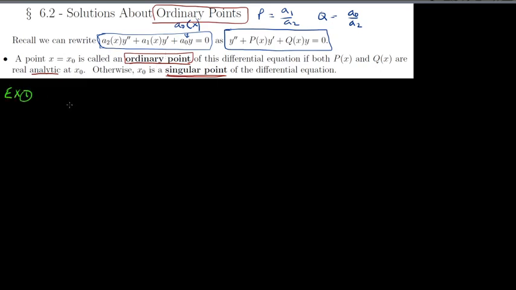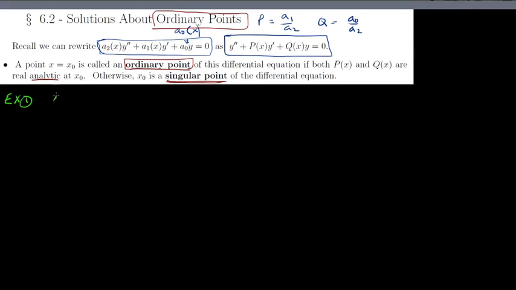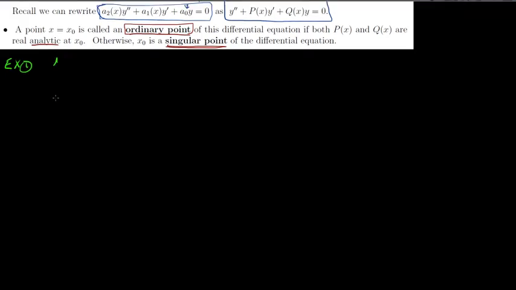So let's start with our first example. y double prime plus 8y prime plus 16y equals 0.